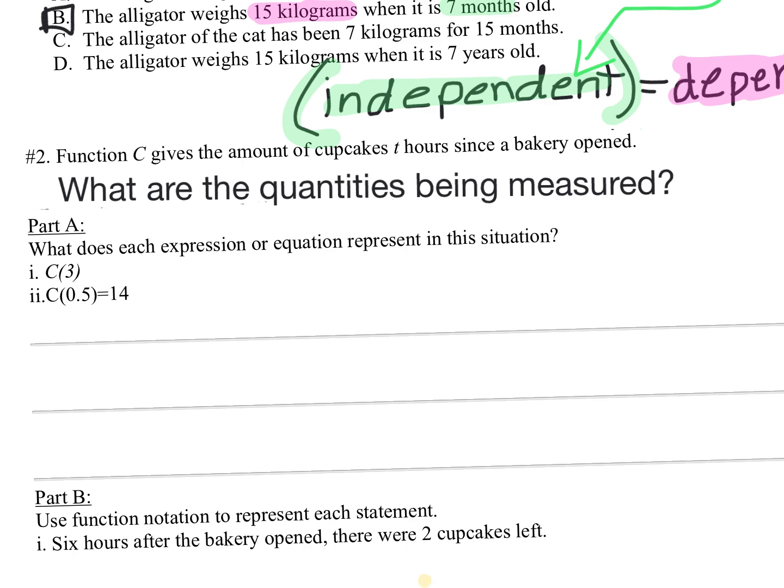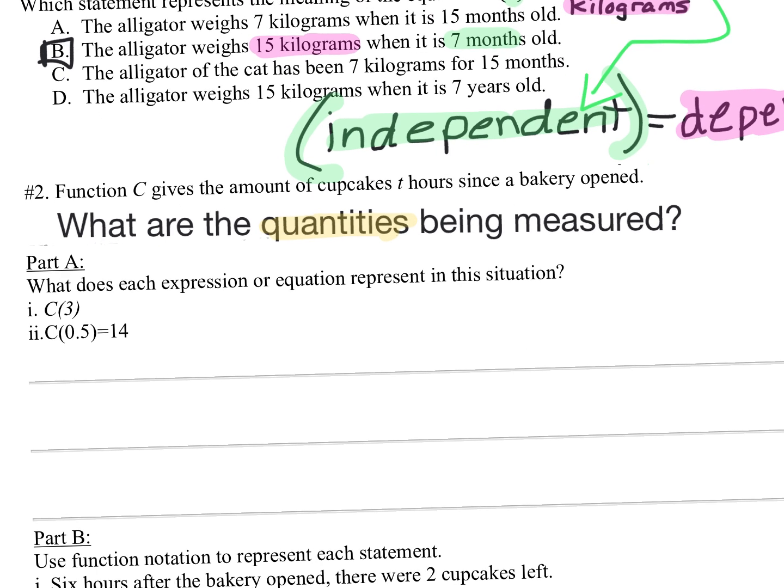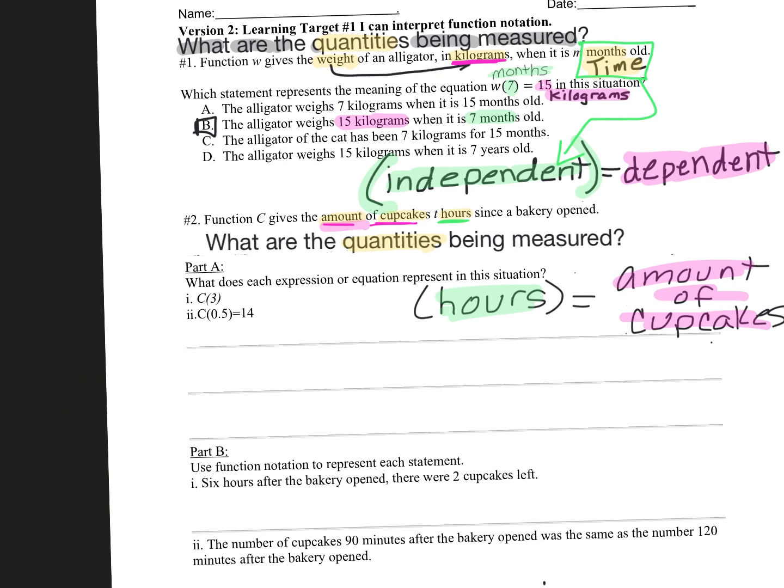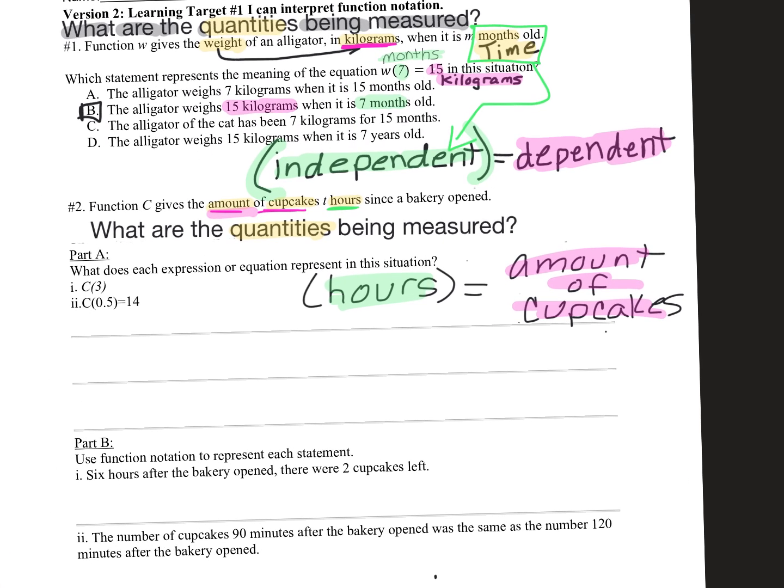For number 2, again, we need to look at what quantities are being measured, and we're measuring hours and the amount of cupcakes. So we will have our hours as our independent, and the amount of cupcakes will be our dependent variable.